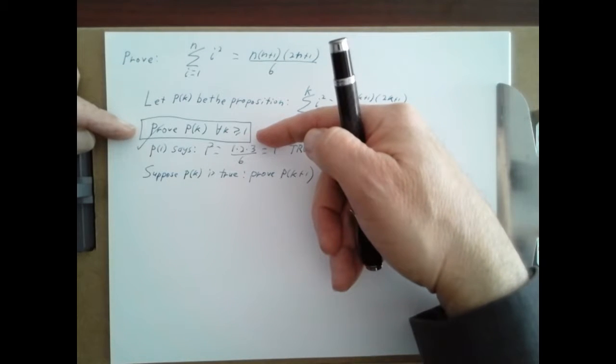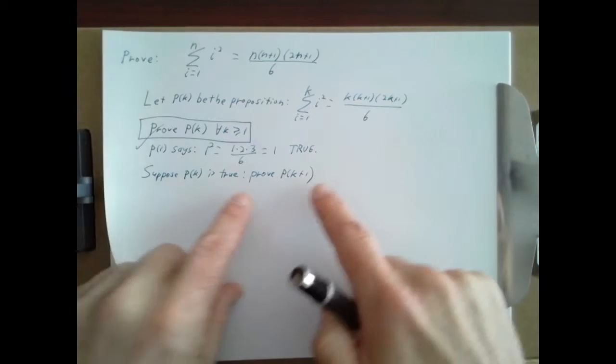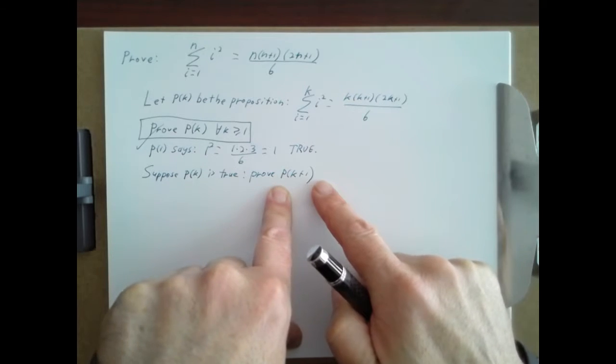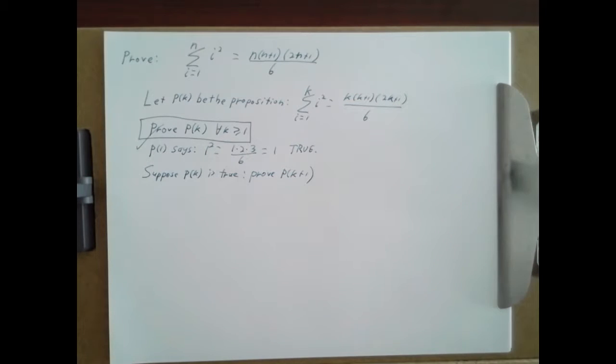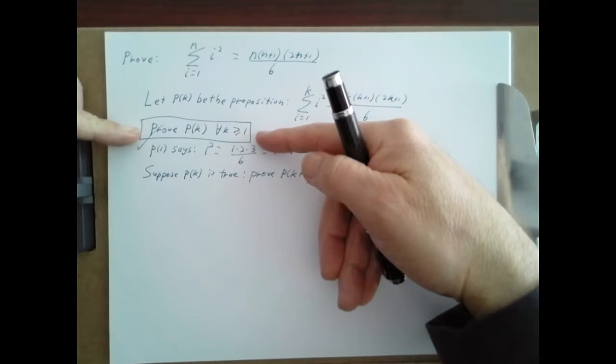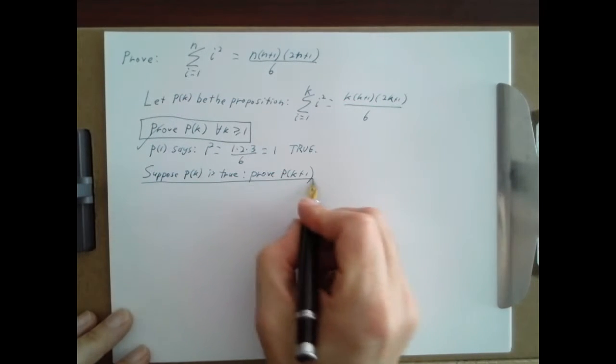That's a hard thing to do. All we're trying to do here is say if P of k is true, let's just prove this one other proposition is true. We're given one, we're just trying to prove one more. But together with mathematical induction, that'll prove an infinite number of these P of k's is true, in fact, all of them. All right, so now we know what we're trying to do.